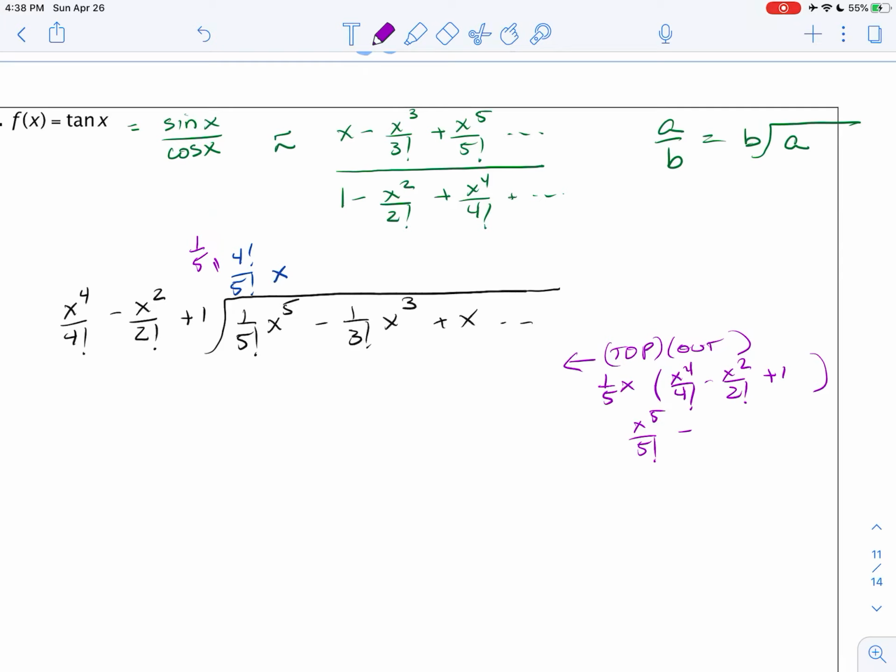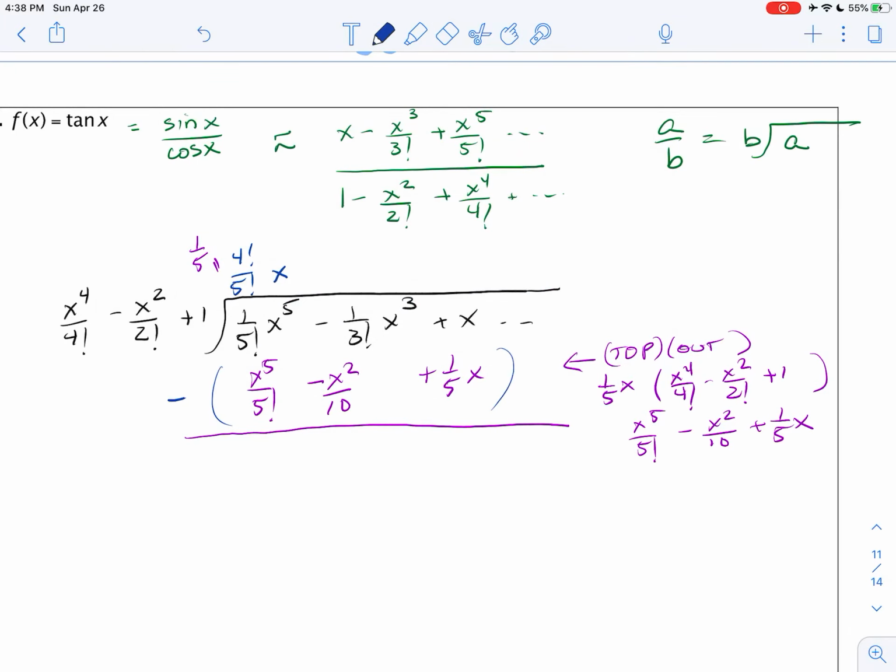And if I expand that out, I would get x to the 5th over 5 factorial, I would have minus x squared over 10, and I would have plus 1/5 x. And that's what I would put underneath here. I would have x to the 5th over 5 factorial, and I would put minus x squared over 10, and you don't want to line it up under the x cubed, but then you would say plus 1/5 x.